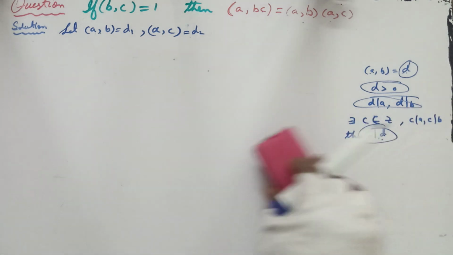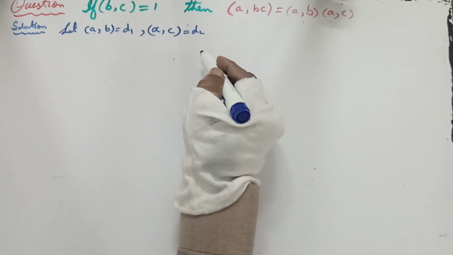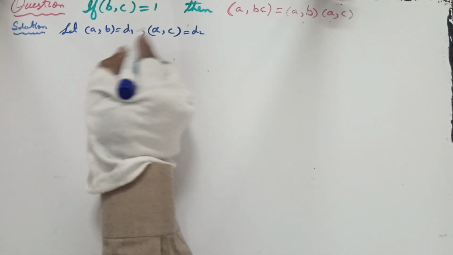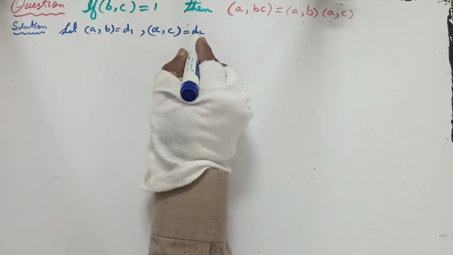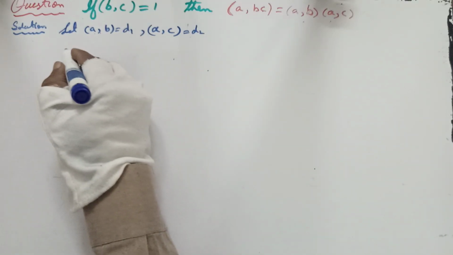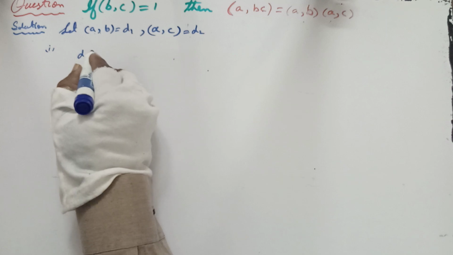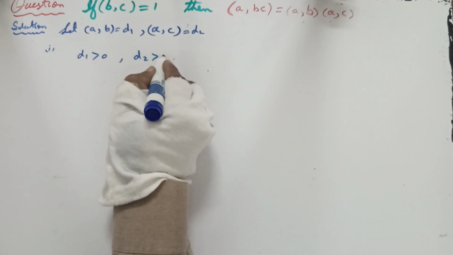Here we suppose that the GCD of A and B is D1 and the GCD of A and C is D2. As you know, in the first condition, D1 is greater than 0 and D2 is greater than 0.